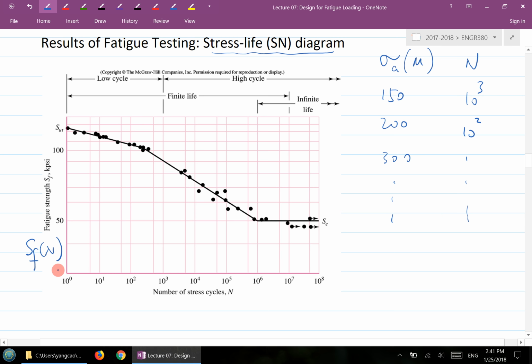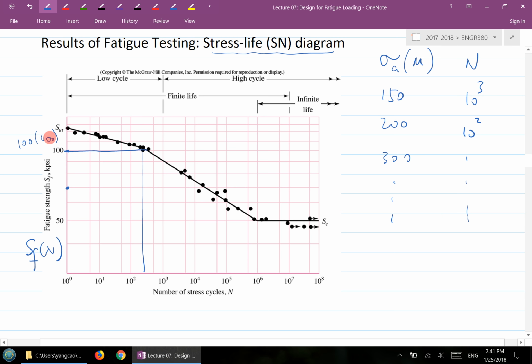If I draw a line, for example, let's try this 100 here, and then you go all the way over here, and then you go down here. That means the 100 KSI corresponds to somewhere between 100 and 1,000 cycles. So 100 KSI corresponds to maybe 400 cycles.